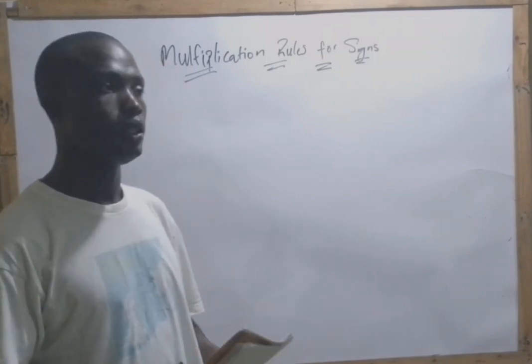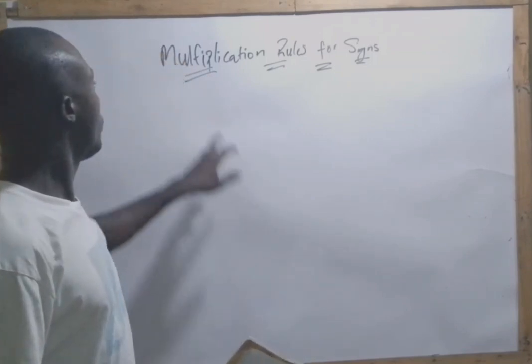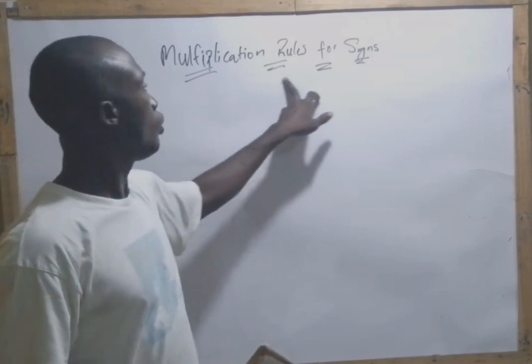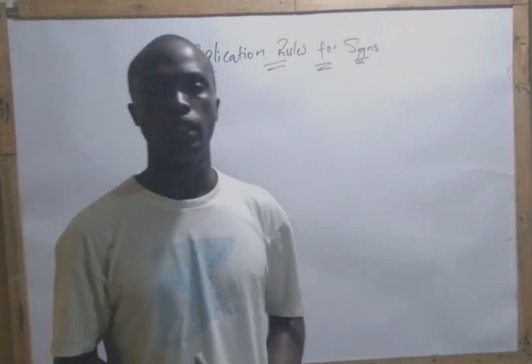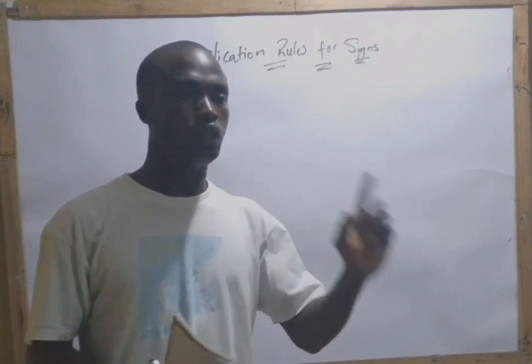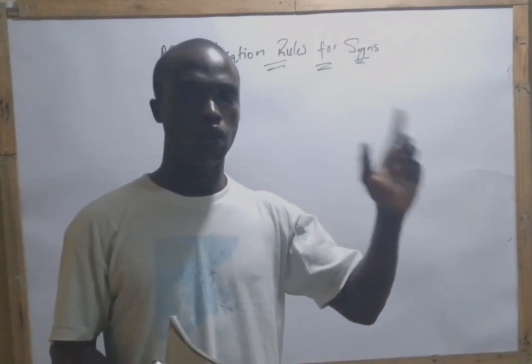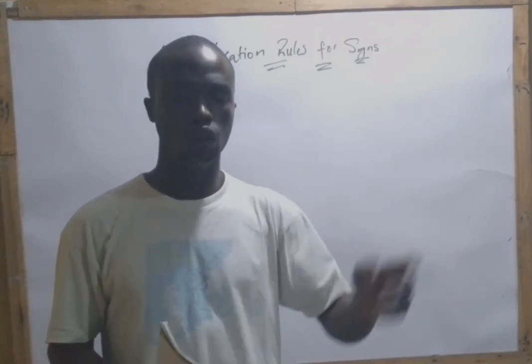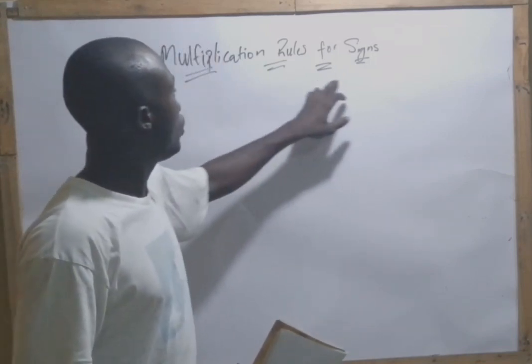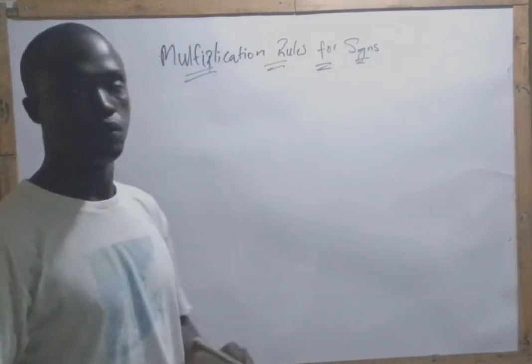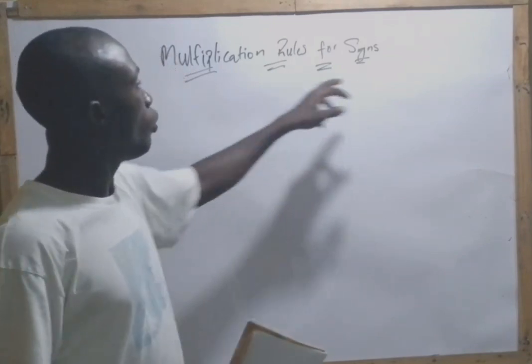Let's get into it. Now we want to talk about multiplication rules for signs. For those of us who will be solving algebra, simultaneous equations, quadratic equations, and the rest, we need to put in place all these rules. We need to understand what they mean.